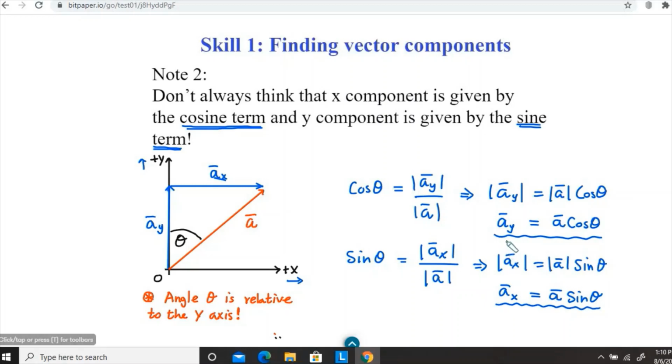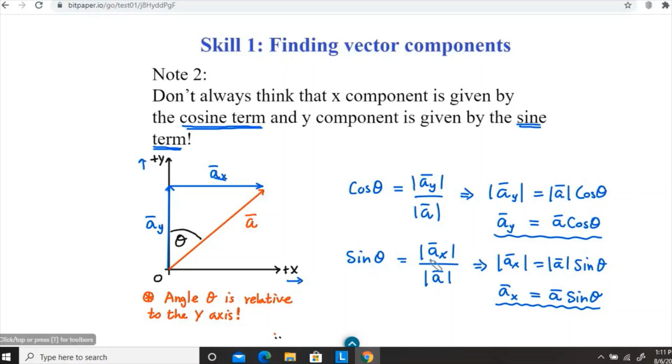So here you can see the ax and the ay components, their sine and cosine terms have interchanged. So always when you try to find the component vectors, try to look where the angle is. Is the angle relative to the x-axis or is it relative to the y-axis? Depending on that, the components will either have the cosine term or the sine term.